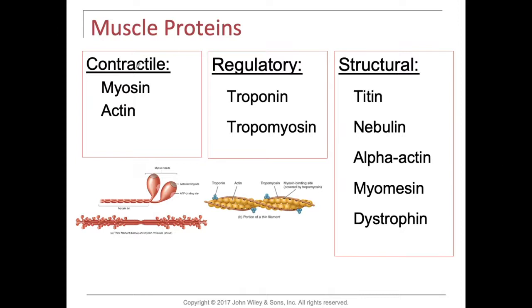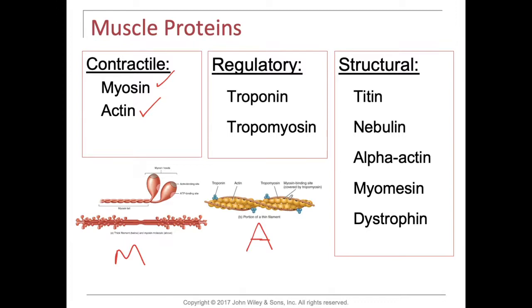So we have contractile proteins called actin and myosin. The one on the left here is myosin, and this one here is called actin. Now, if we look at actin, actin is the yellow one or the mustard colored one. And you'll see that actin has these round little circles.